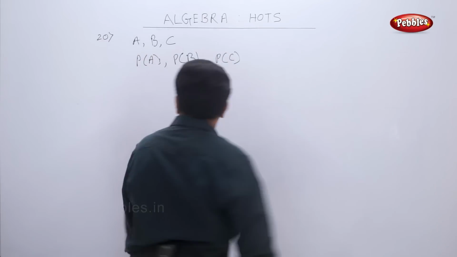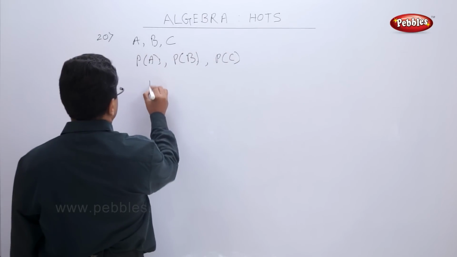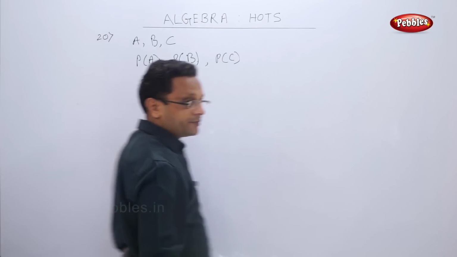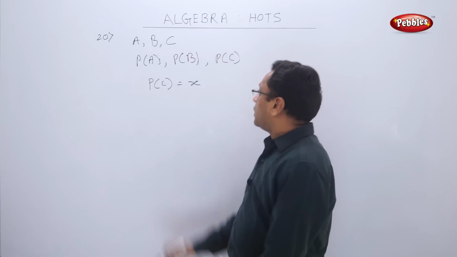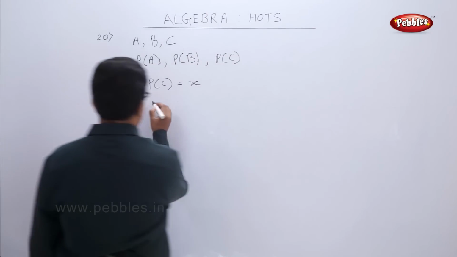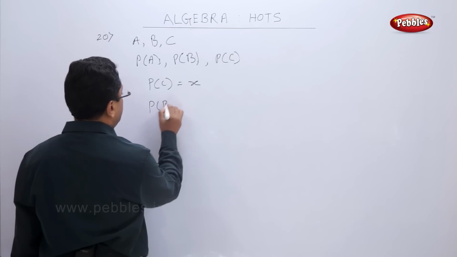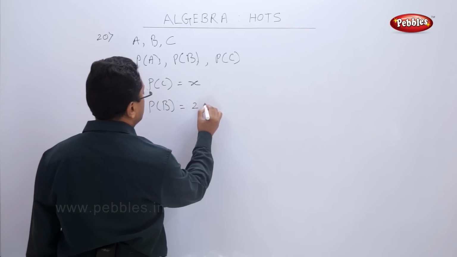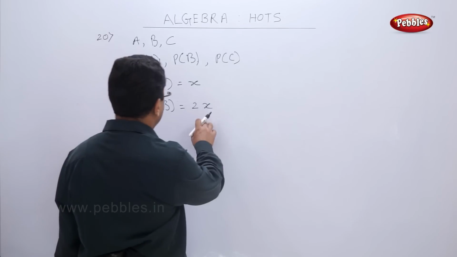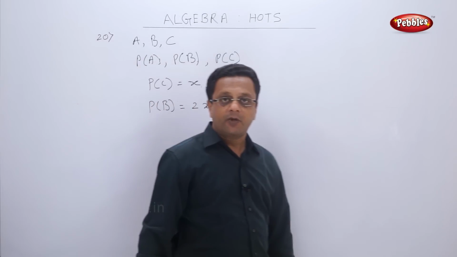Now let us consider probability of C is x. Now B is likely to win twice as C. So I have PB is equal to 2x because PC is x. So PB is 2x.